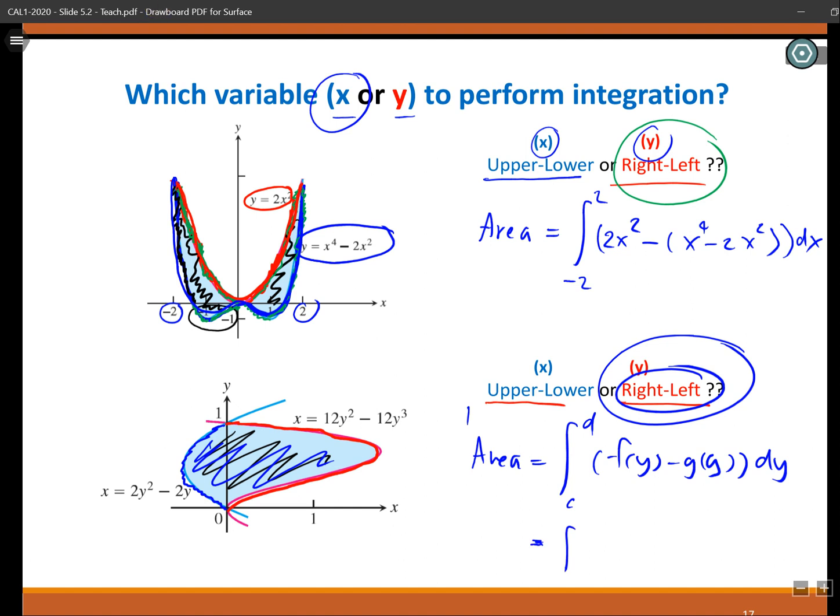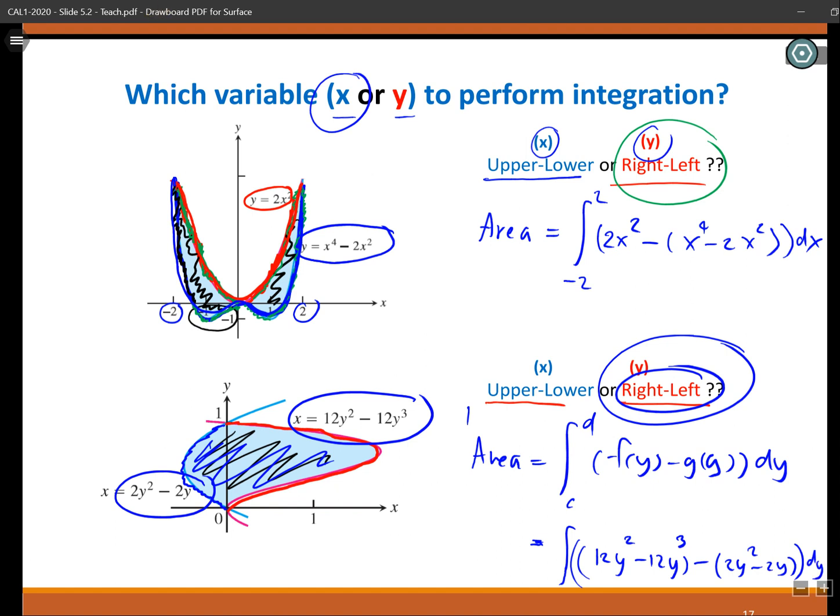That's going to be this. It's going to be 12y squared minus 12y cubed. Minus g of y. So it's going to be the one on the left hand side. It's going to be that. So 2y squared minus 2y. And we work on the y variable.